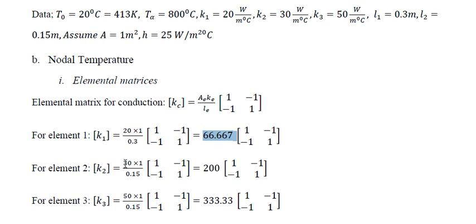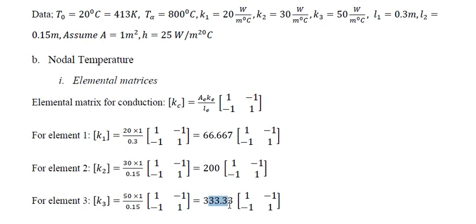Okay. Similarly, the conductivity for element 2 is 30 and length is 0.15. Area is 1 only. We will get 200, -200, -200, 200. Similarly, the conductivity for the third element is 50. Area is 1 only and length is 0.15 meter.